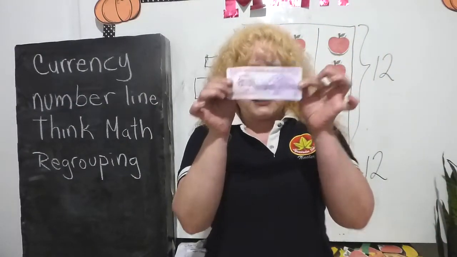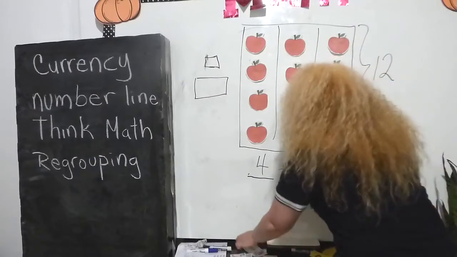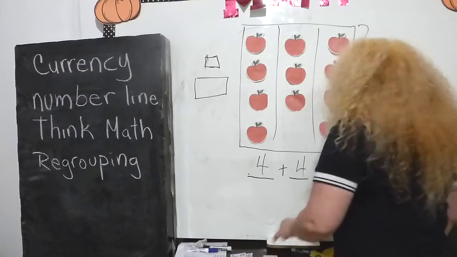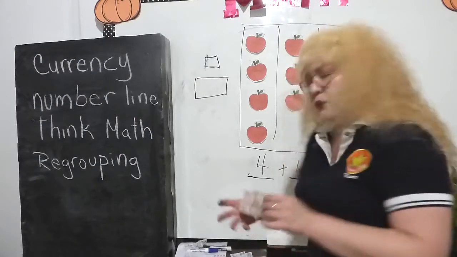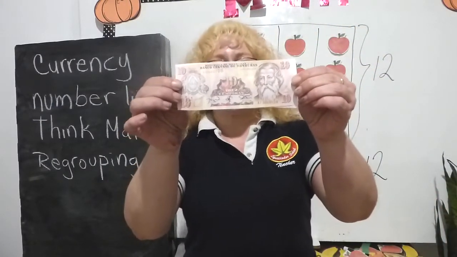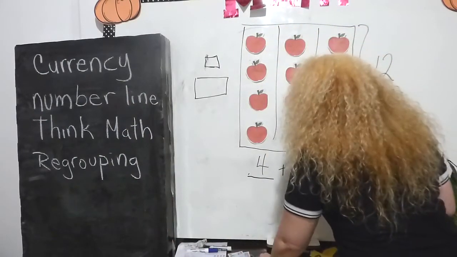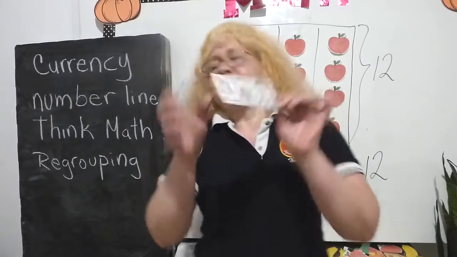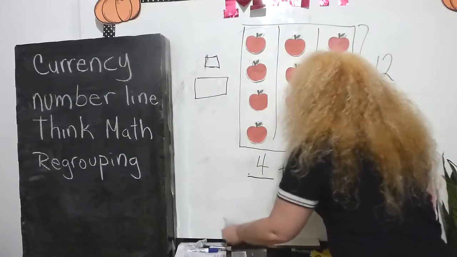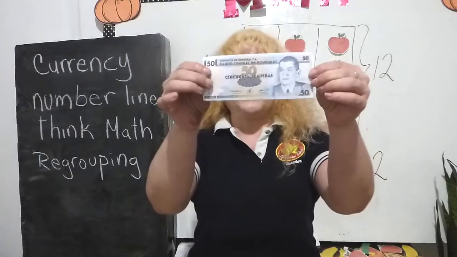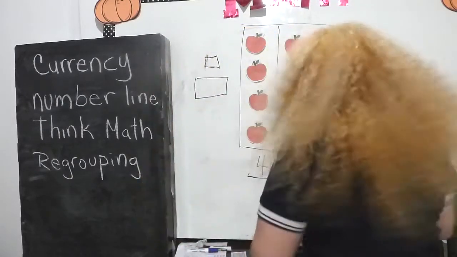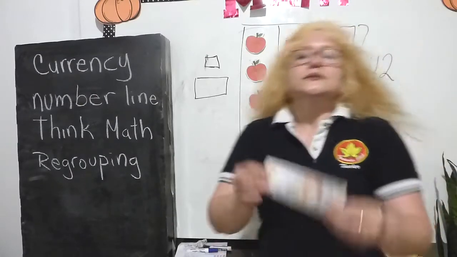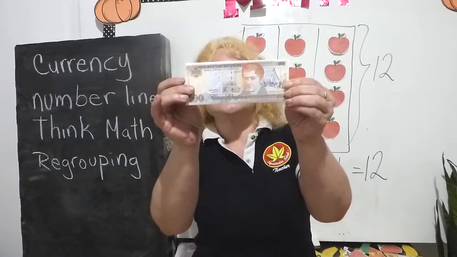2 lempiras. 5 lempiras. 10 lempiras. 20 lempiras. 50 lempiras. 100 lempiras.